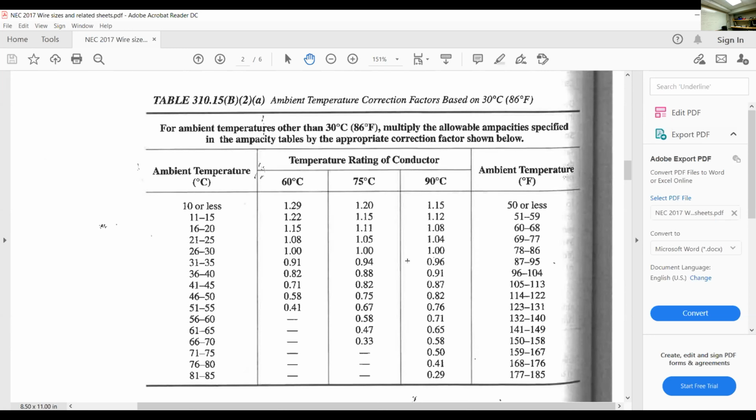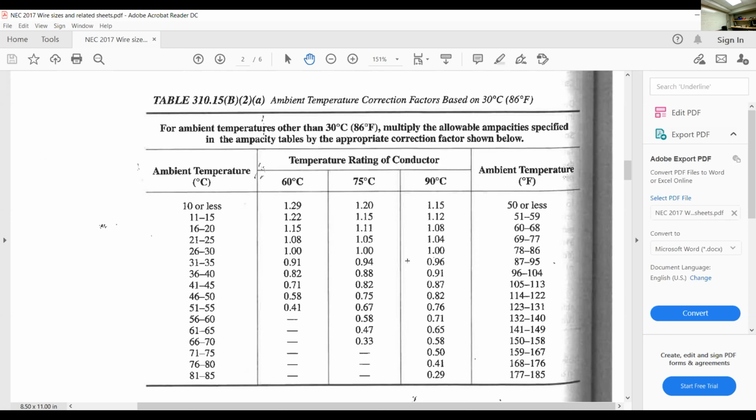What could it possibly be in here? 110, 100, okay. So if the ambient temperature in Fahrenheit is about 100, it's going to be in this range here, and you have an adjustment factor of 0.91. Here's what that means. You take that 55 amps that you're supposed to draw times 0.91, and it reduces it by that much because of the temperature of 100 degrees in that room.